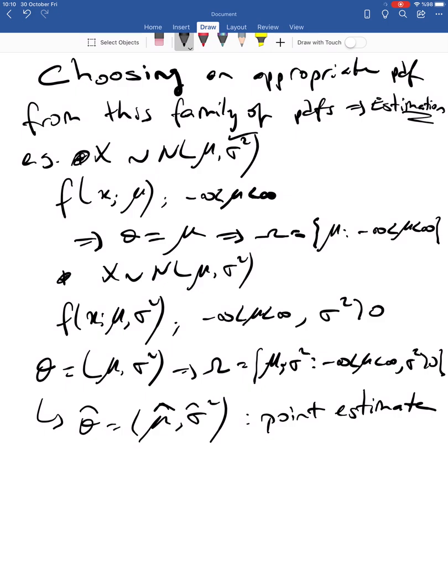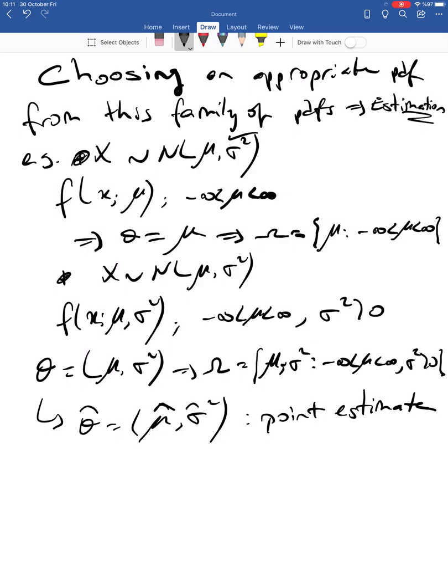One other thing: again, there's a difference between estimates and estimators. If you remember, estimators are random variables. Estimates are numerical values of the estimators after we collect a sample. So this is the difference between estimate and estimator.